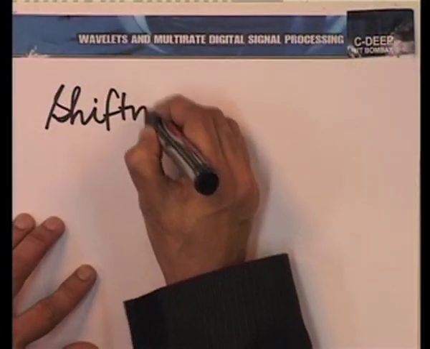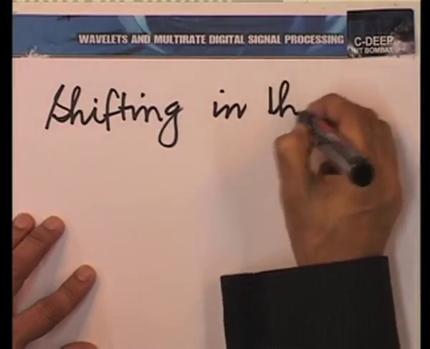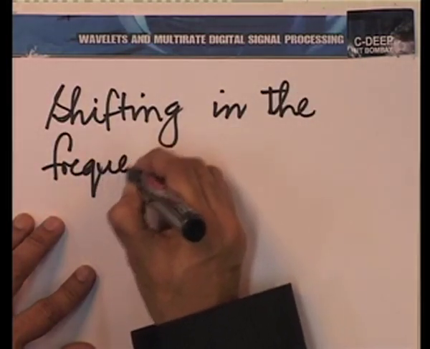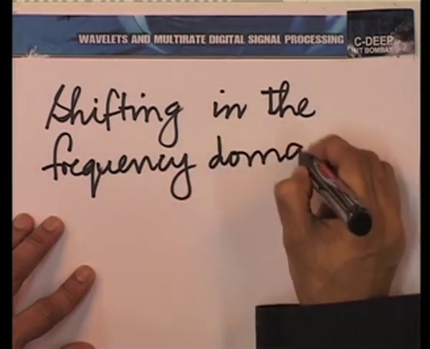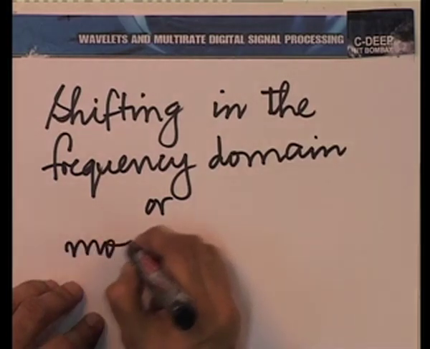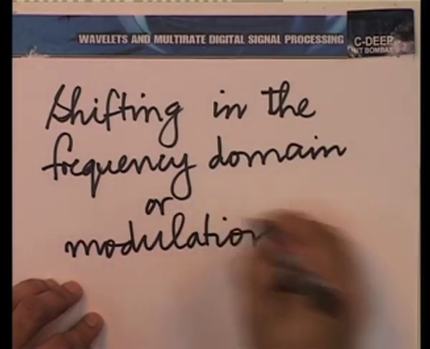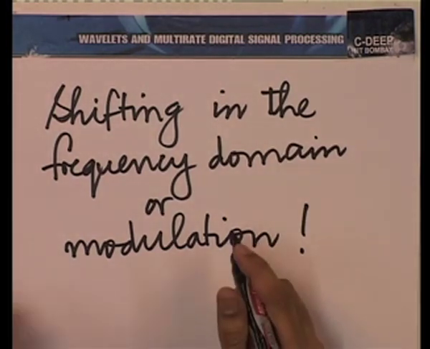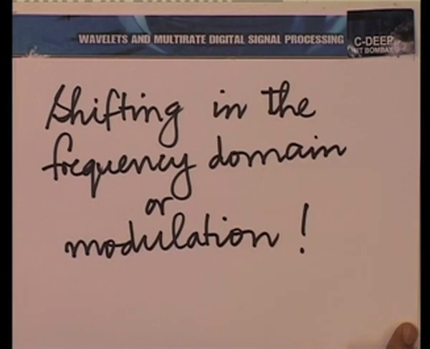Now, let us take the dual operation of shifting, namely modulation. In fact, let us look at it as a shift in the frequency domain. So, let us consider y(t) to be a modulated version of x(t).